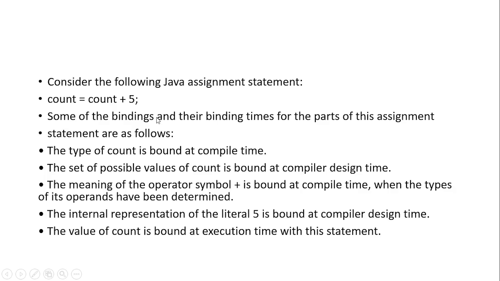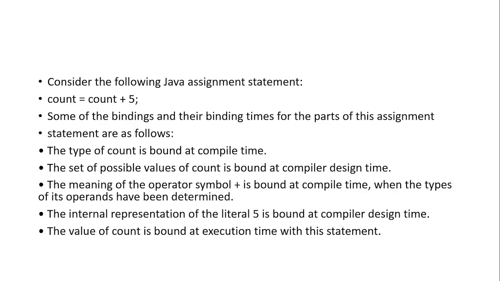Some of the bindings and their binding times for the parts of this assignment statement are as follows. What are the bindings there? The type of count is bound at compile time, so the variable count will be bound to some particular data type.